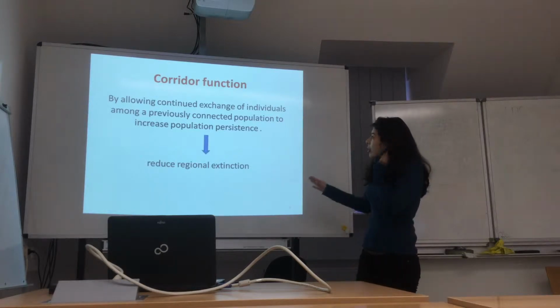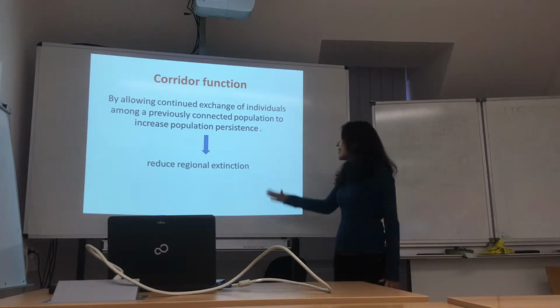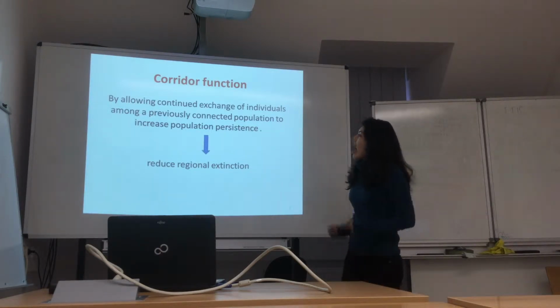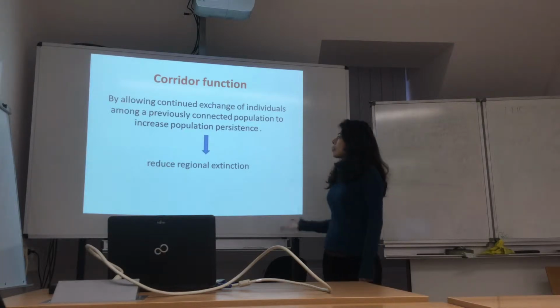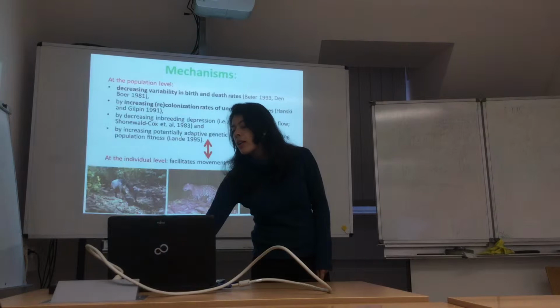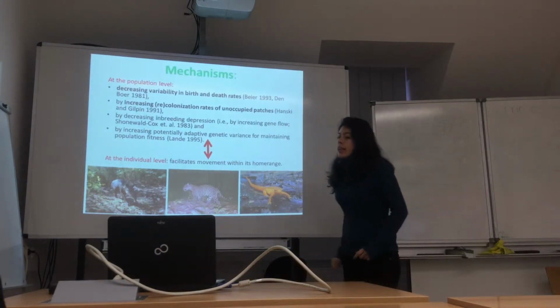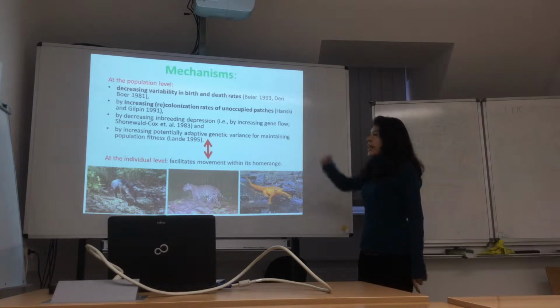So the main goal of a corridor is to reduce or help mitigate regional, local or global extinction. And how? By allowing continued exchange of individuals among a previously connected population to increase population persistence. So that's the main goal. And they should do it through a series of mechanisms.